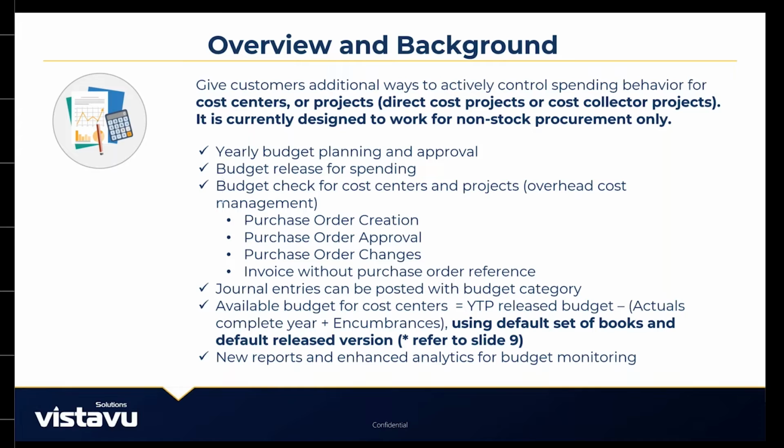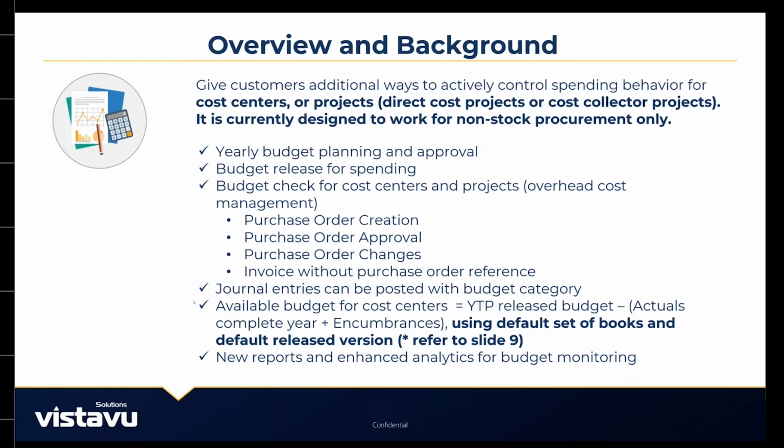Then, when the buyer is creating or changing a purchase order, or creating an invoice without a purchase order reference, the system checks the budget settings in the back end and does the calculations to make sure that the order amount plus the actual amount and the encumbrances amount doesn't exceed the budget that was released.